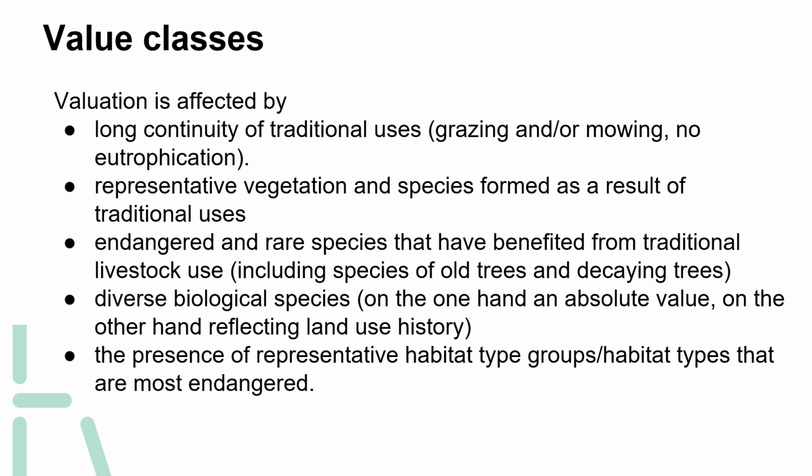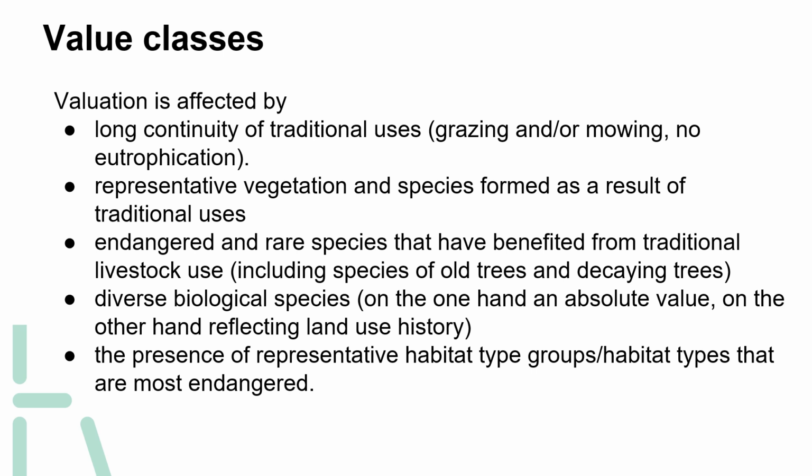endangered and rare species that benefit from traditional livestock. It can also be species on old trees and decaying trees in the area, or, for example, maybe some lichen growing on a rock or rocky mountain in the area.